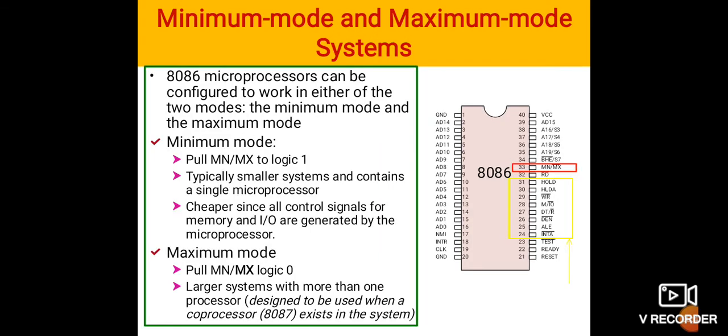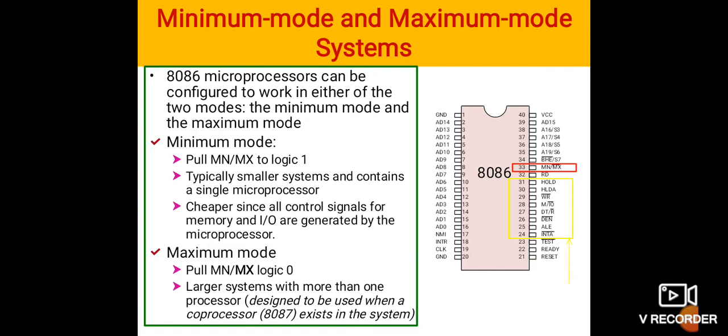The 8086 processor can be configured in two modes of operation, minimum mode and maximum mode. In the minimum mode, the pin MN/MX is pulled to logic 1, and this will contain a smaller system, or you can say a standalone system with a single microprocessor.